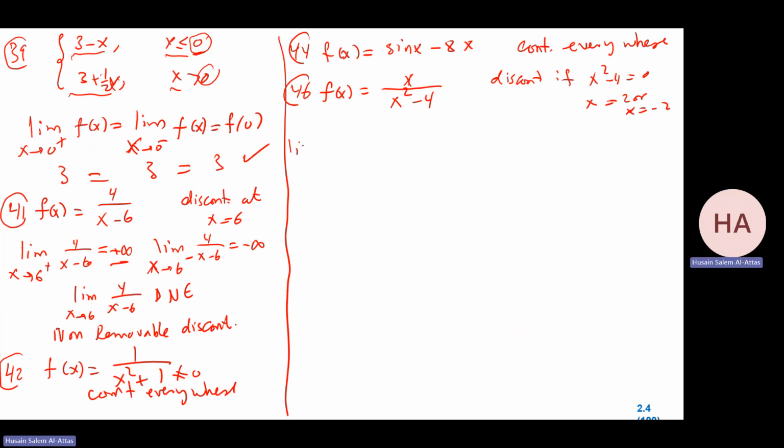If you take the limit as x goes to minus 2, for example, from the right, I'm going to plus or minus infinity, so the limit does not exist. Minus 2 from the right, this is positive, this is negative, this is positive, so I'm going to minus infinity. So we have a non-removable discontinuity at x equals minus 2.